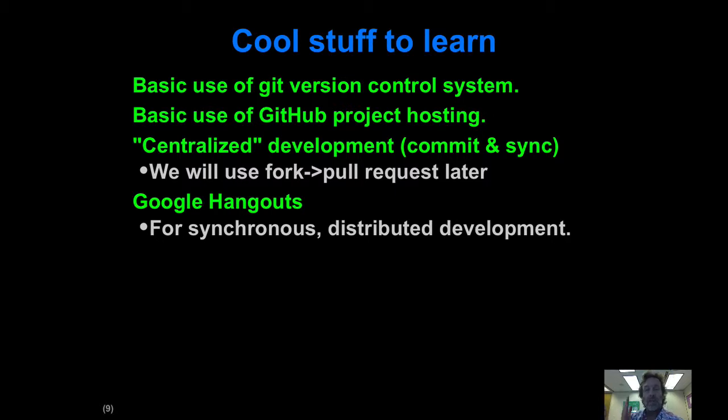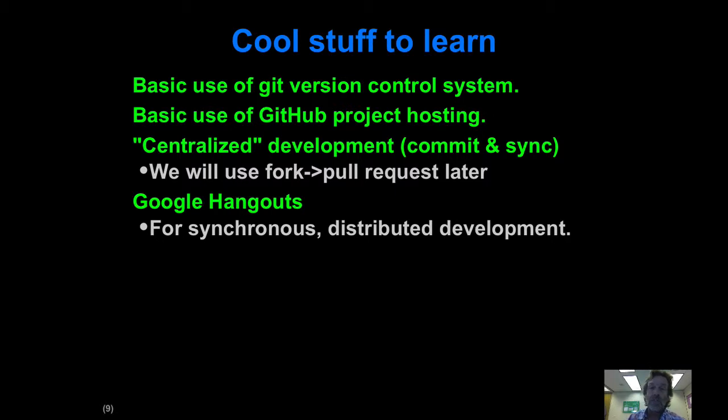But for this week, we're going to start by learning a very simple kind of development workflow that I call centralized development, even though we're using a distributed version control system, where basically when you want to work on a project, you'll enable other people to have commit access or push access to that particular repo.